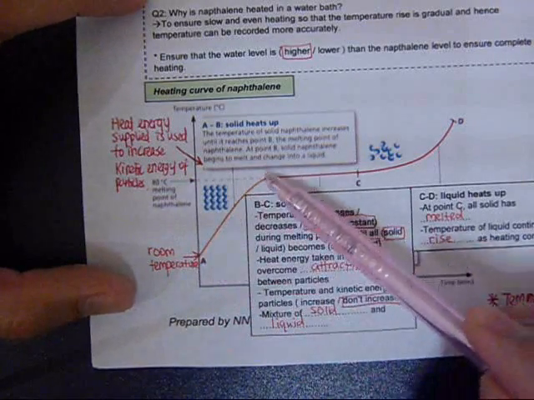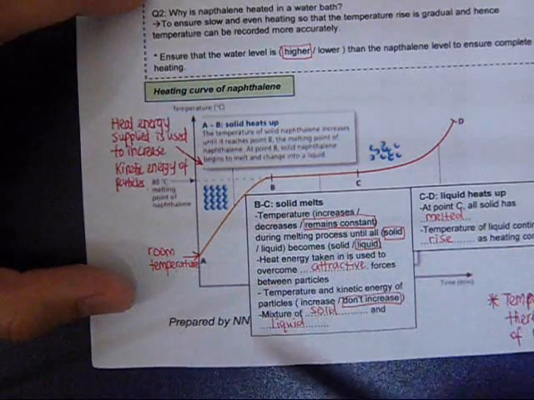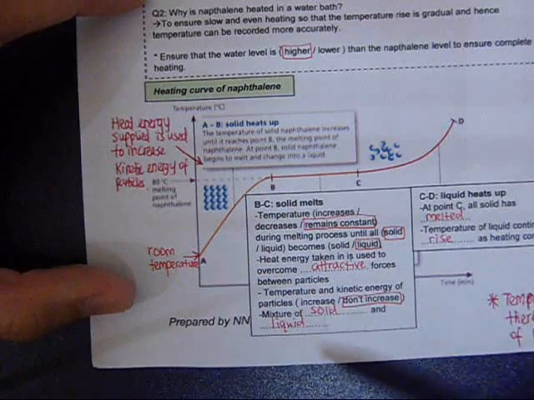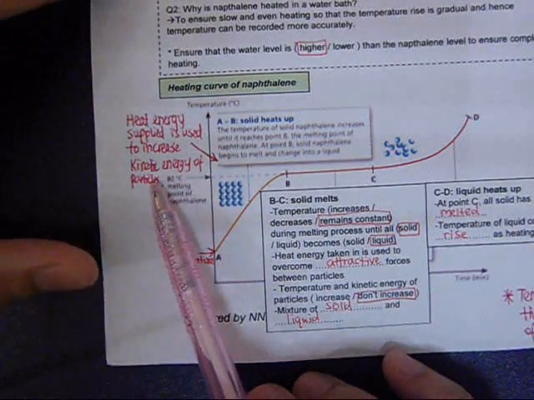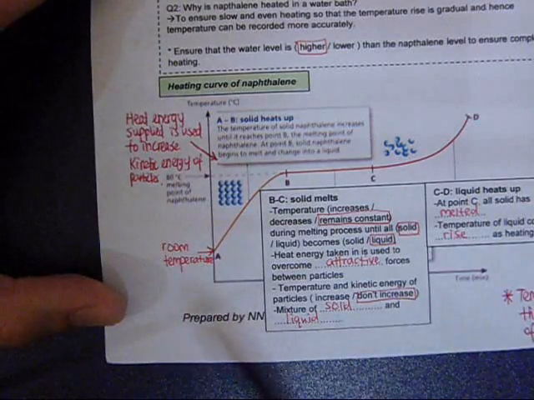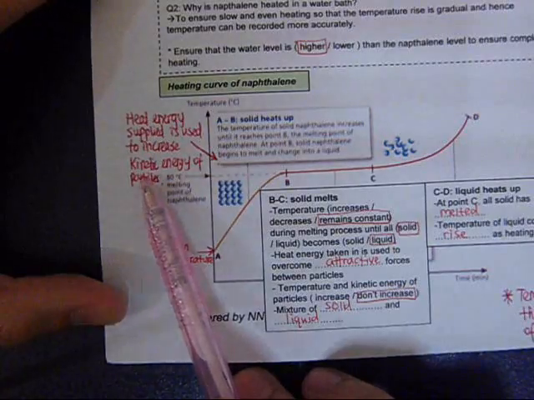Now from A to B, there is an increase in temperature. Why? Because the heat supplied to the naphthalene is used to increase the kinetic energy of the particles. Whenever there is an increase in the kinetic energy of particles, the temperature will increase.